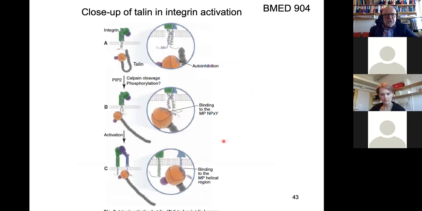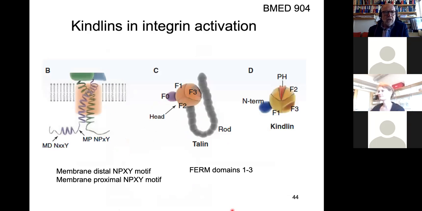Here is a closer look at how talin works by binding to this membrane proximal part. So talin is activated and then binds to this NPXY motif in the proximal part of the beta subunit. Here again are the membrane proximal and membrane distal NPXY motifs.